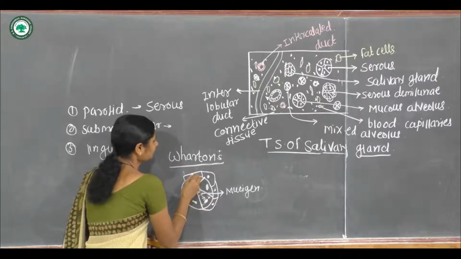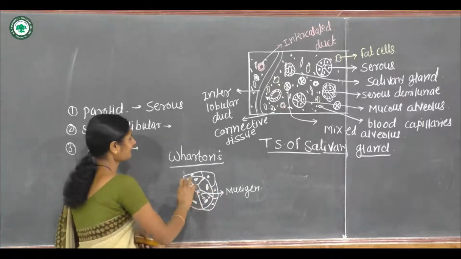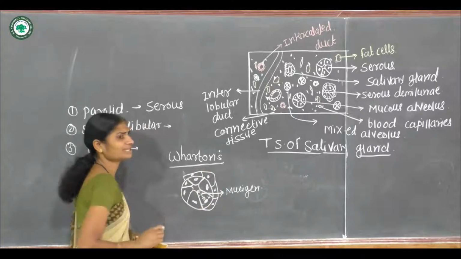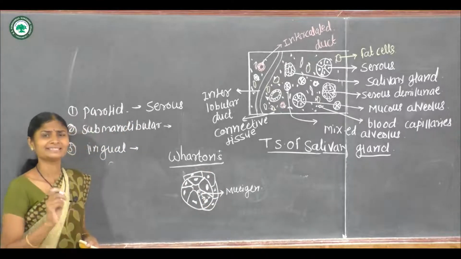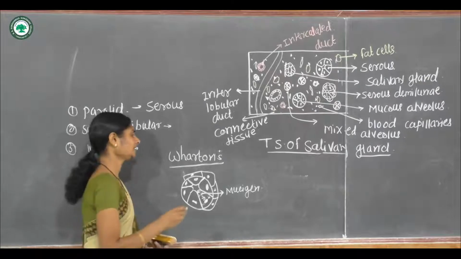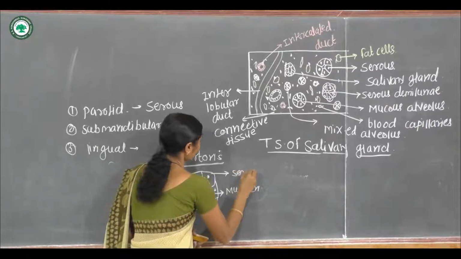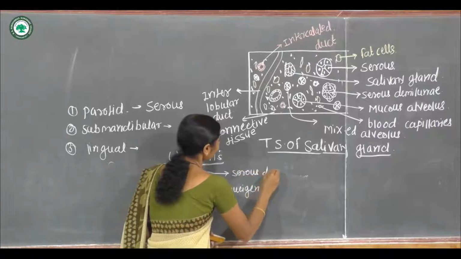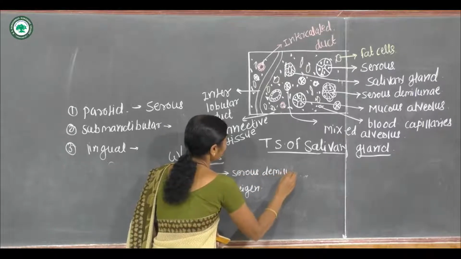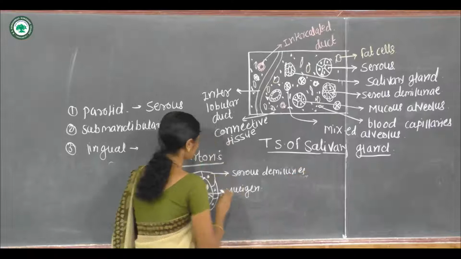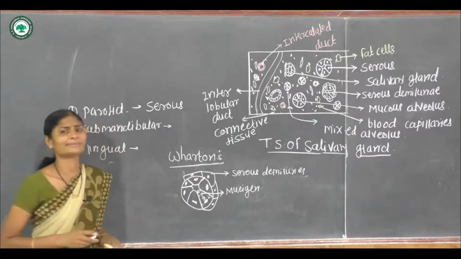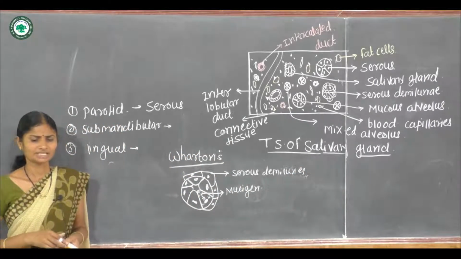This cap-like structure of serous cells on the mucous cells is called a serous demilune.